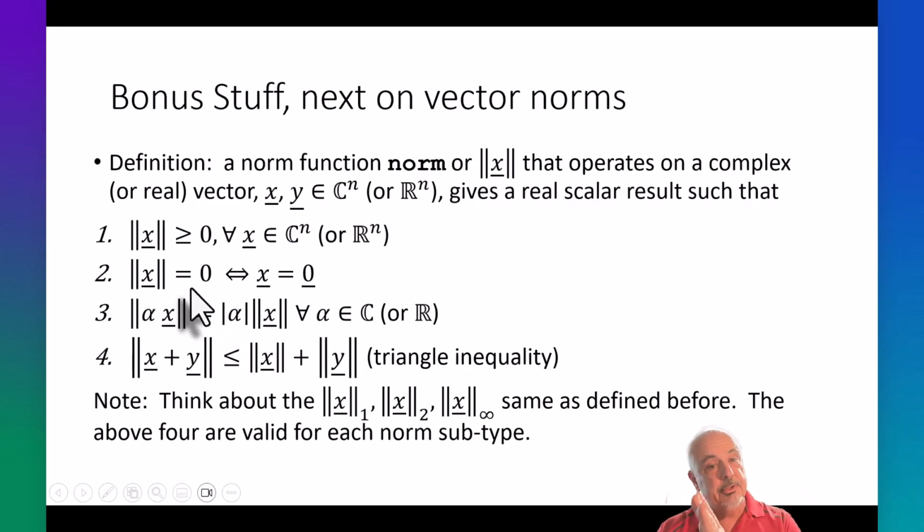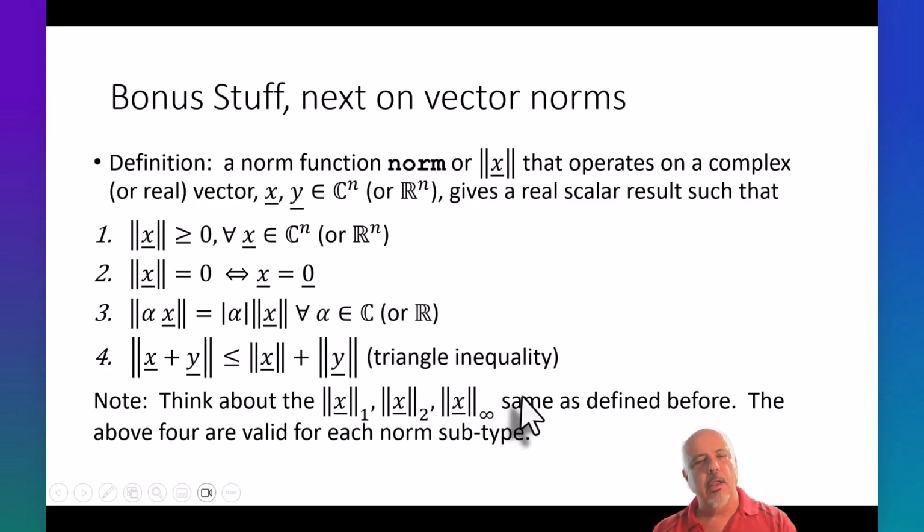And it's only going to be equal to exactly 0 when that x is a 0 vector. If you take a scalar multiple of that vector, it's going to be equal to the absolute value of that scalar times the norm of that vector, whether the scalar is complex or real.